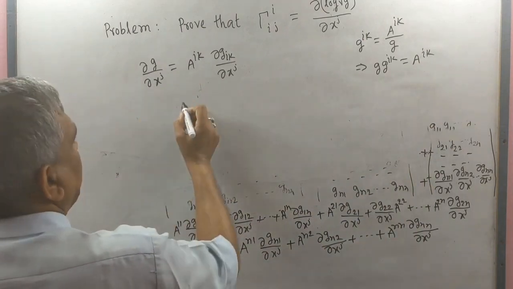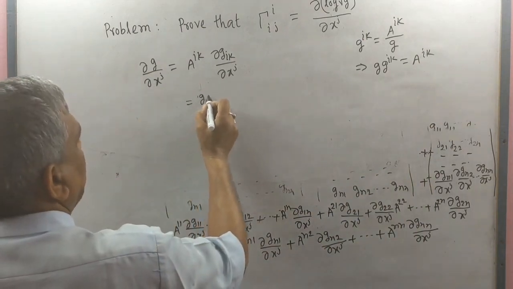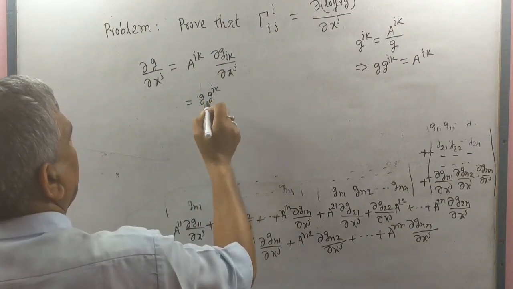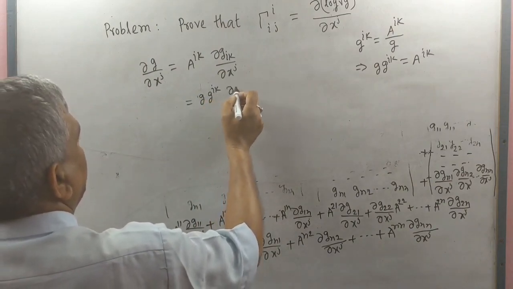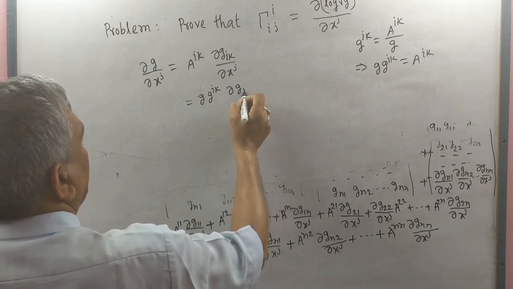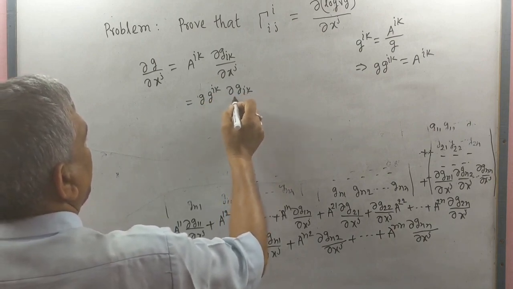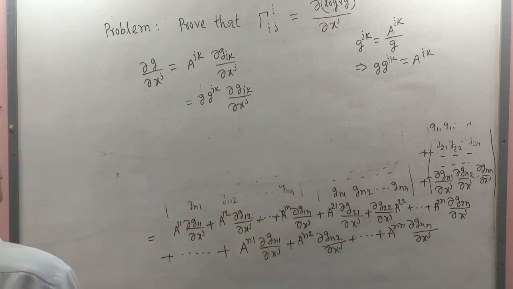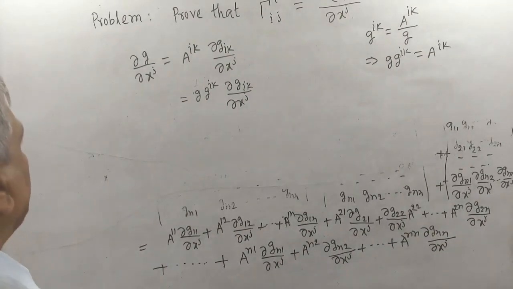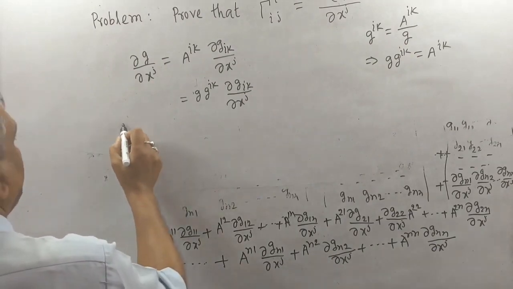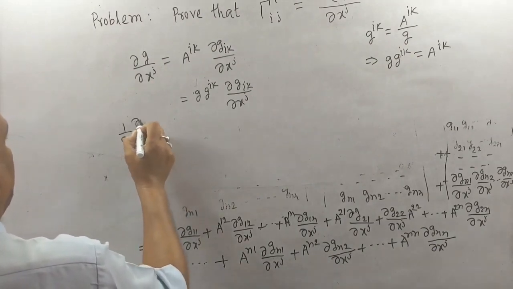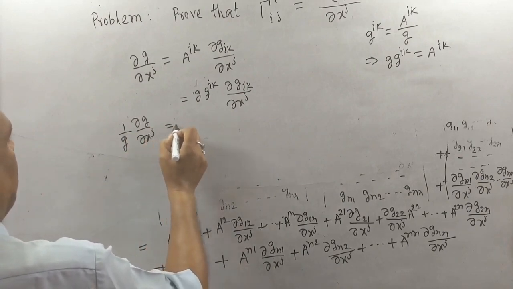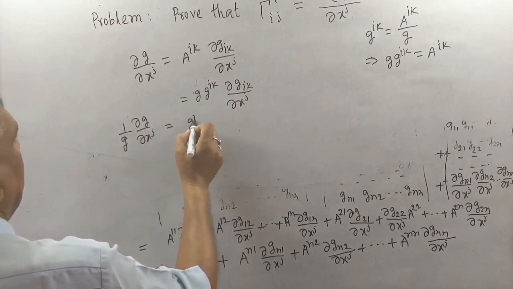We put here the value of this. We may write here g^ik del gik by del xj, so we get 1 by g del g by del xj equal to g^ik del gik by del xj.